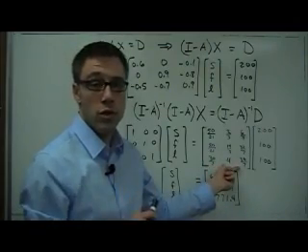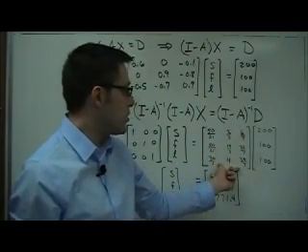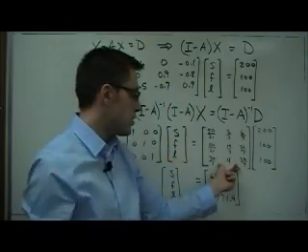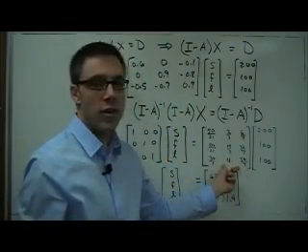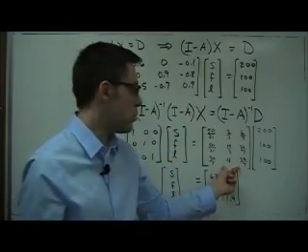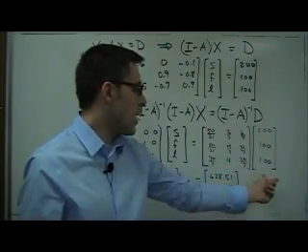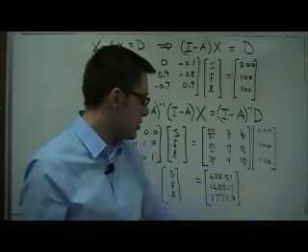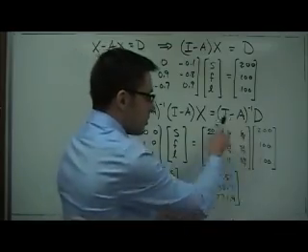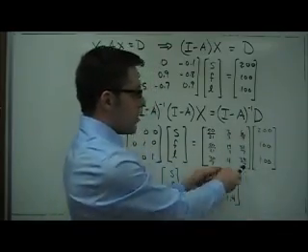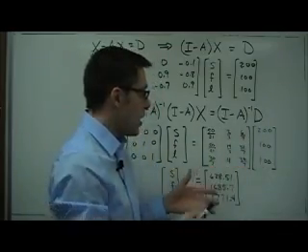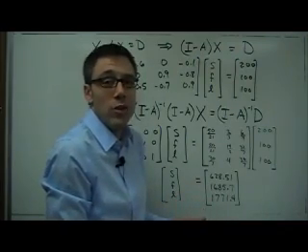Now, you should go and compute this. This is what I get for the inverse of I minus A. It's a whole lot of strange fractions, but we know how to compute these. It's not so bad. That is multiplied by D, the demand matrix. This is a 3 by 3 and this is a 3 by 1, so I know I'm going to get a 3 by 1 column matrix out.